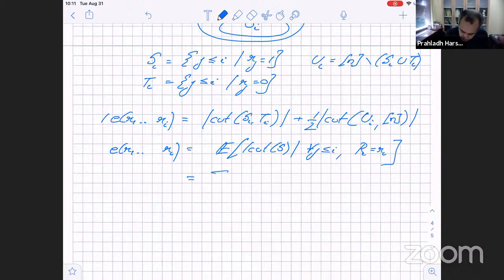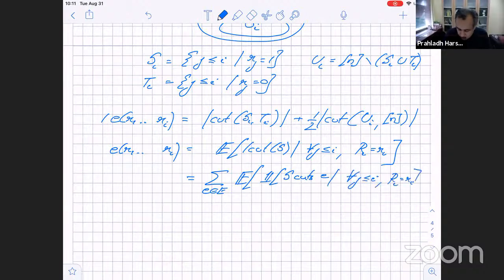This is exactly, by linearity of expectation, for all e, the expected value of the indicator that S cuts e, conditioned on for all j less than or equal to i, Rj equals rj. Notice if e were an edge between Si and Ti, it's already been cut. So all of those are going to come in this.